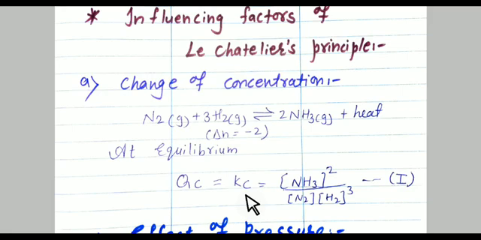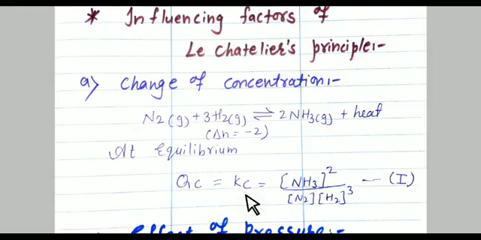According to Le Chatelier's principle, the effect of adding hydrogen or nitrogen, either one or both, can be reduced by shifting the equilibrium from left to right. What does this mean? It means the added nitrogen and hydrogen are consumed, so the reaction proceeds in the forward direction to a larger extent than in reverse.